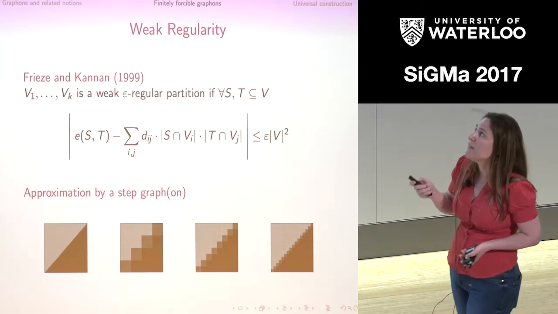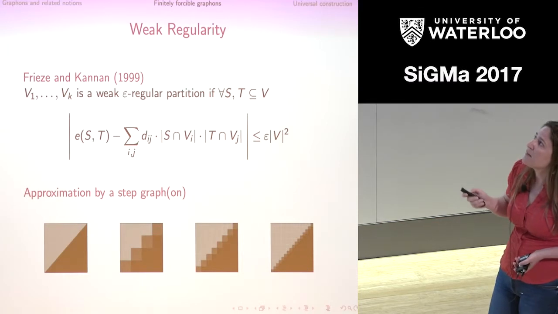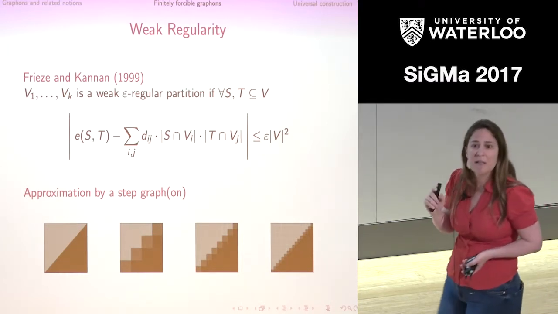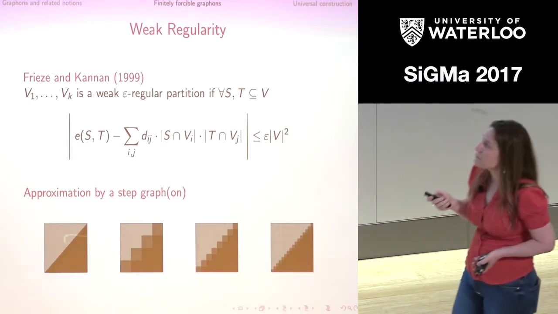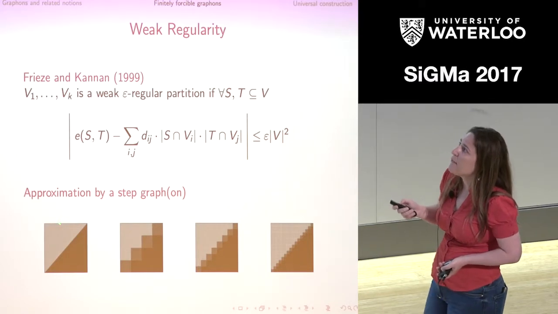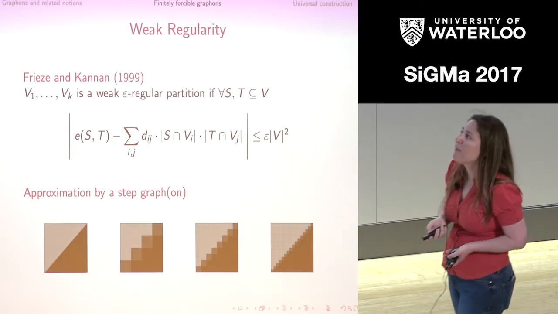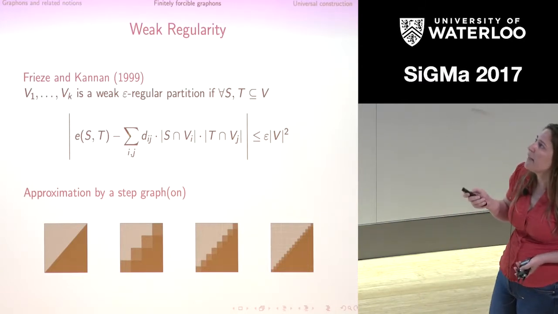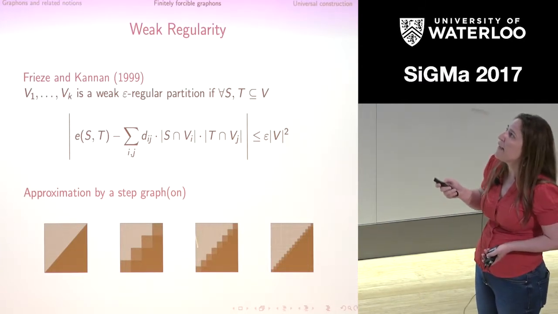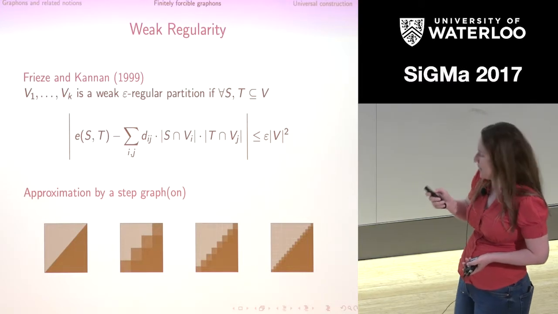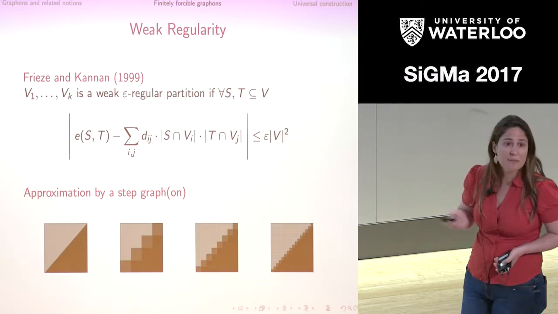And if you approximate by this counting, the error that you make is not too big. This tells you that you can approximate any graphon by a step graphon, because you pick parts, then you pick the edge densities, and you put those edge densities between the parts, and you say this graphon is not that different from this one.